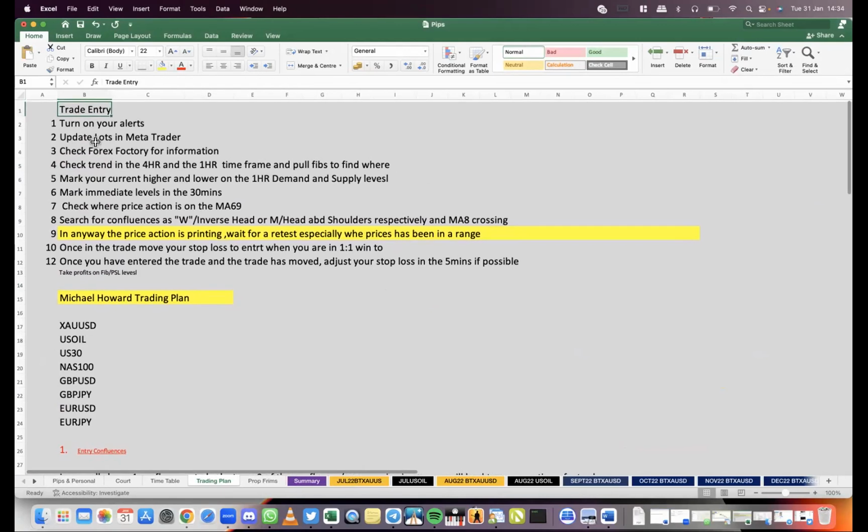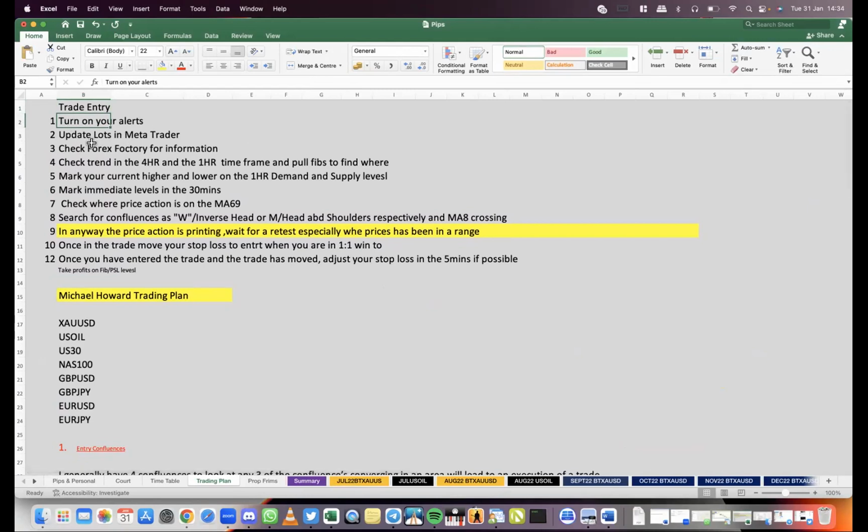Trade entry alerts. Turn on alerts. Update lots in the MetaTrader. Check Forex Factory. Check trend lines in the 4 hour, and then levels in the 1 hour.